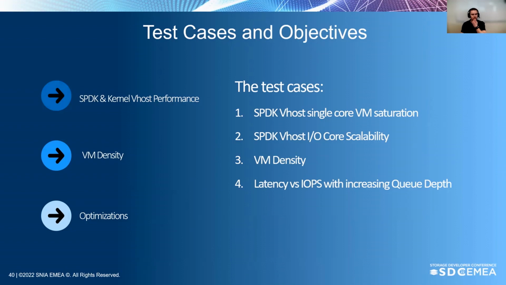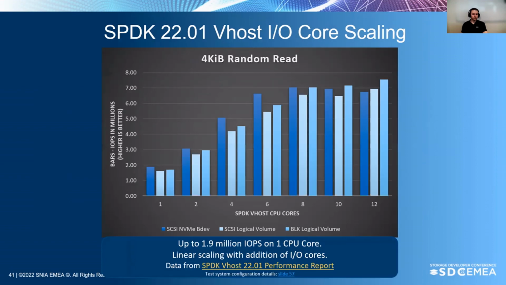The test cases focus on measuring the I/O when using a single thread SPDK Vhost target, testing SPDK Vhost scalability with addition of CPU cores, checking its performance when serving I/Os for a large number of VMs in the system, and finally testing latency and IOPS with increasing queue depth.